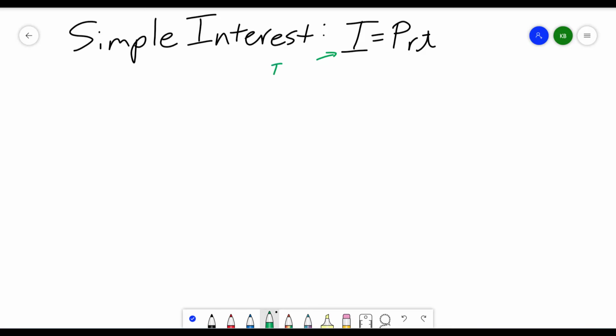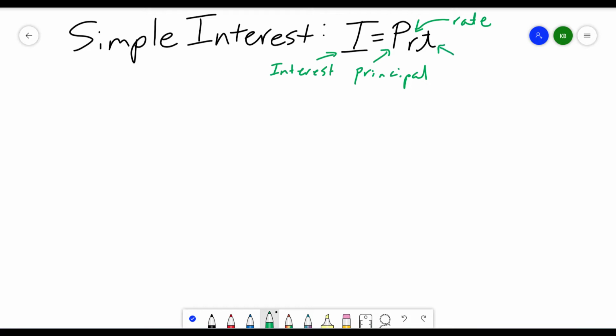So I is going to stand for interest. This is going to be the interest paid or earned. Remember, it's the dollar amount, not the rate. P is going to stand for principal. So the principal, again, is the initial dollar amount that you're either investing or borrowing. The R here is going to stand for rate. This is our interest rate.